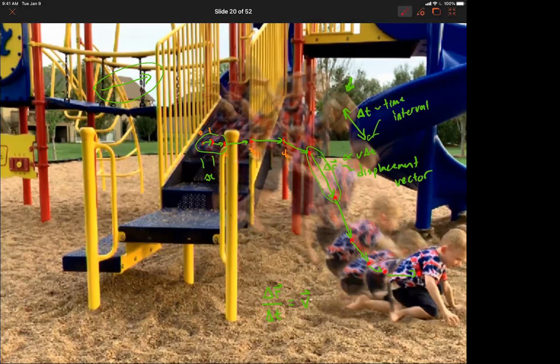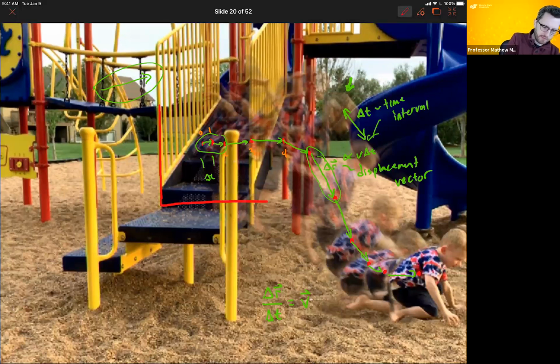That's exactly right. So we could imagine drawing some coordinate system here, something like this, and we could say that this is y and this is x. And that coordinate system, we're making all those measurements, all those points. We could describe where those points are with respect to that coordinate system. That's the same thing.